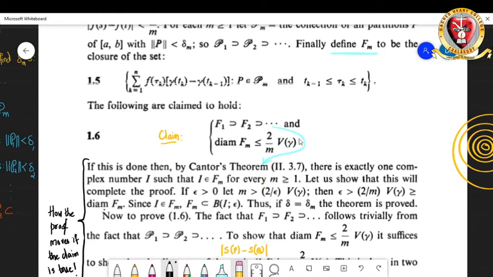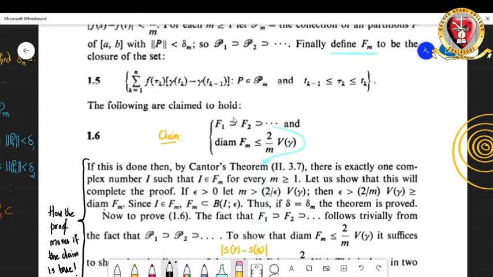We already said that this gamma is of bounded variation. Note that the diameter of a set is the maximum possible value of the modulus of the differences between two points in this set.